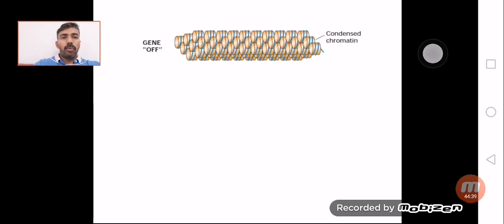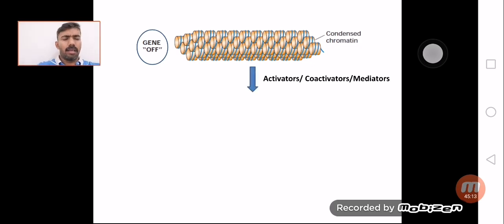And this image will show you how the decondensation occurs. So this will be the initial status of a chromosome. If there is no gene expression, the gene is in the off stage, right? It is the condensed form of chromatin. So when you want to turn on the gene, or when you want to undergo transcription within this particular region, there is a role of various additional proteins called activators, coactivators, mediators, repressors.